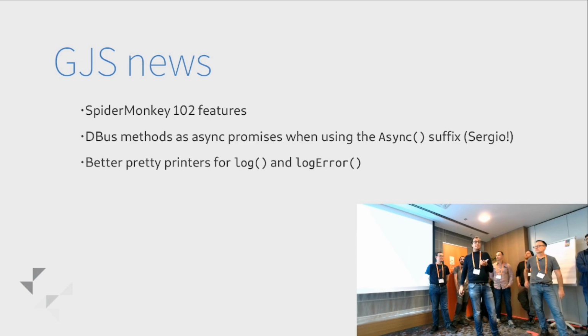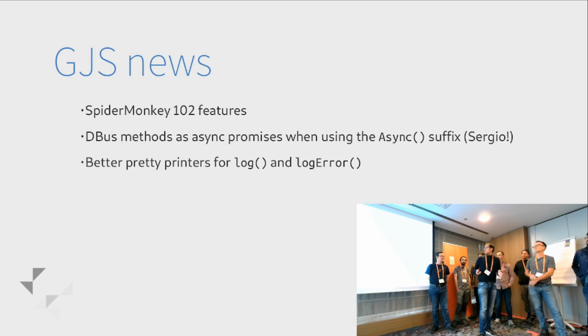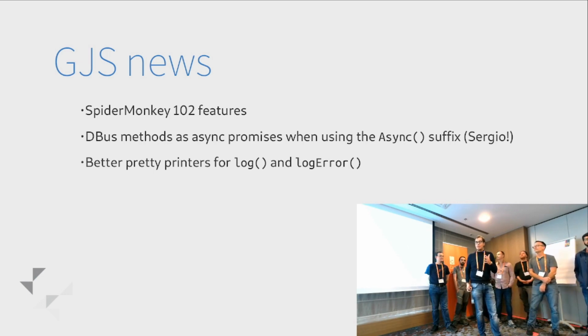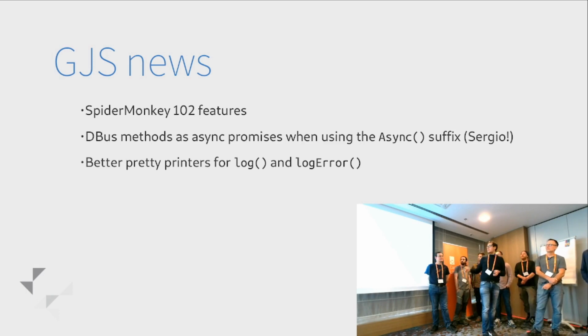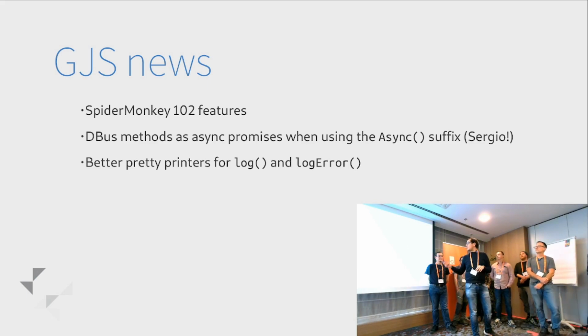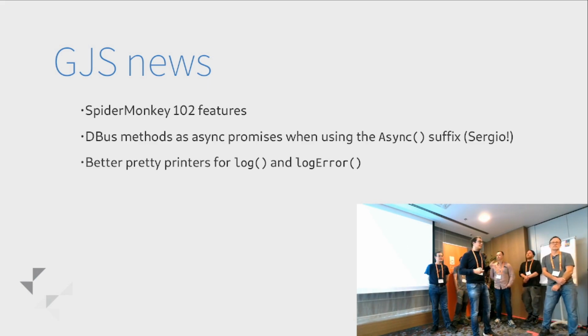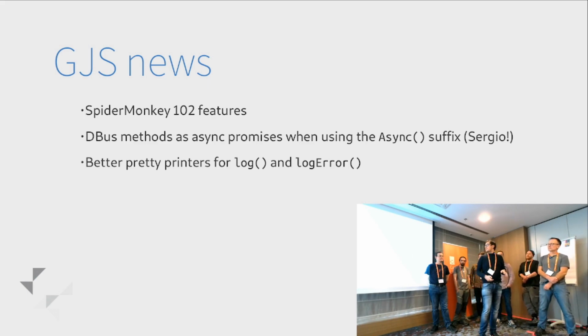Actually during the latest cycles, we mostly did performance updates and some maintenance, not really big changes, but I want to highlight the contribution we got from Sergio again, from the desktop team at Ubuntu, the support for native promises for calling the async methods, and then we also improved the logging a bit, which was actually a Google Summer of Code contribution, which improved the debugging and working with GJS. Plus, more improvements and fixes. But let's go with the next stuff.